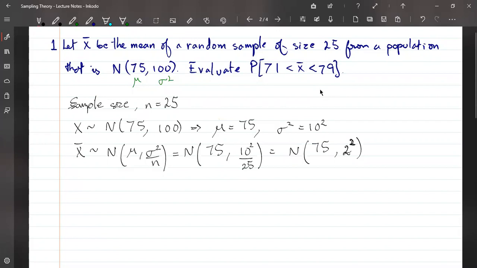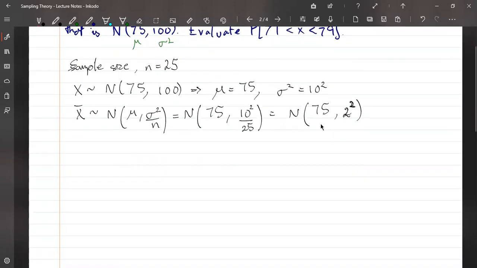This will be sigma by root n rather, right? So this mean is 75 and this variance is 2 square. The standard deviation is 2.